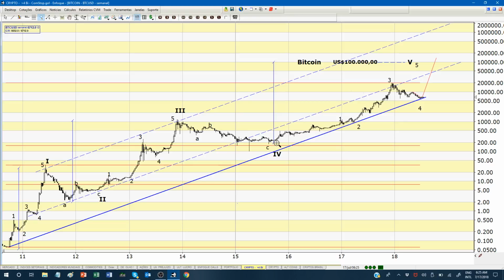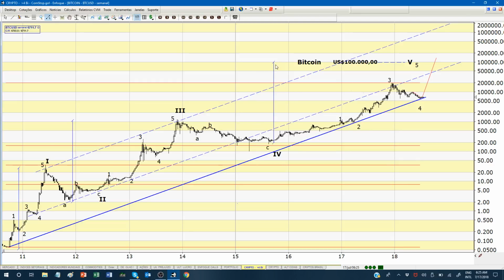And one interesting thing to notice is that in order for us to reach $100,000, wave 5 would have to come out of 200, where it was in 2015, and go all this way up, right? But look, we've come this far, from here to here, so that's almost 3/4 of the way.